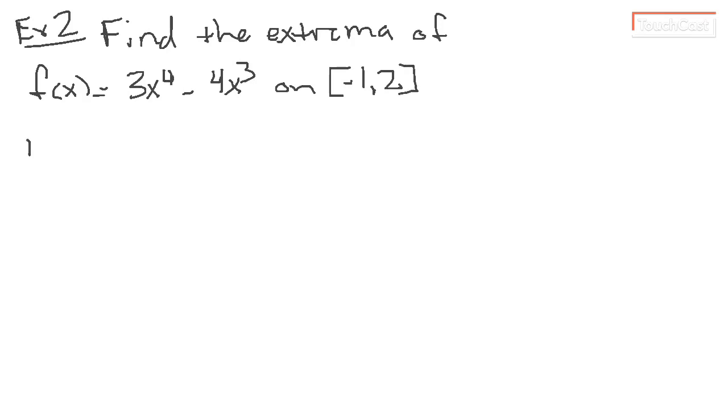So the first thing we're going to do, find f prime. Find the derivative of our function.